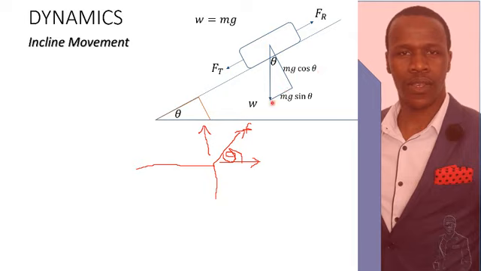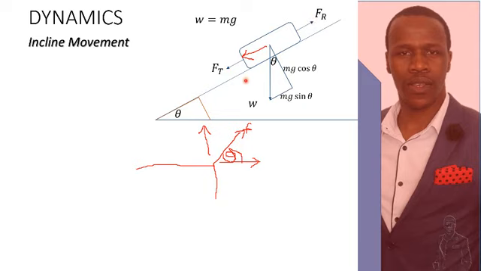Now this side is opposite, or is going in that direction. That means it is going along this line of action. So this one will be our mg sin theta. So it always goes in that direction.